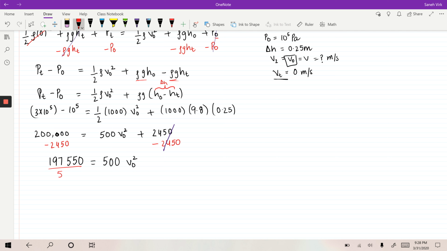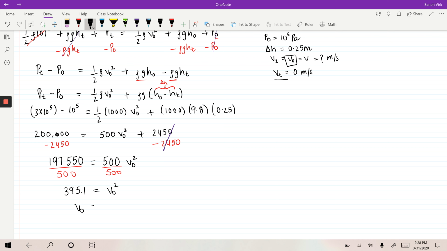Divide both sides by 500. You get 395.1 equals v naught squared.